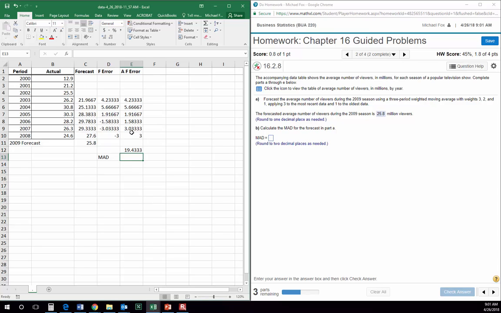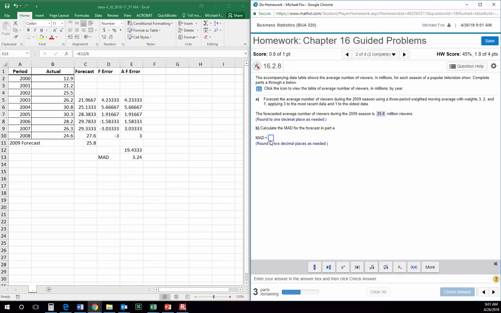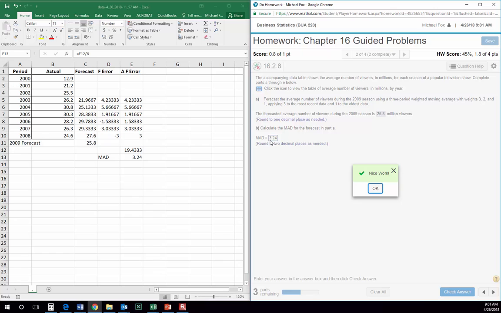Again, the number of periods for which we have an absolute forecasting error. Two decimal places. And there we go. All right.